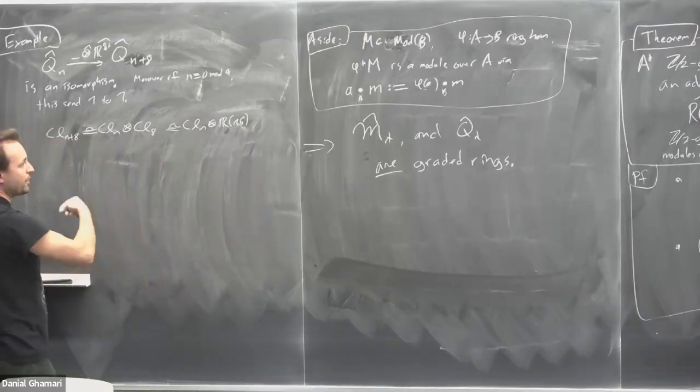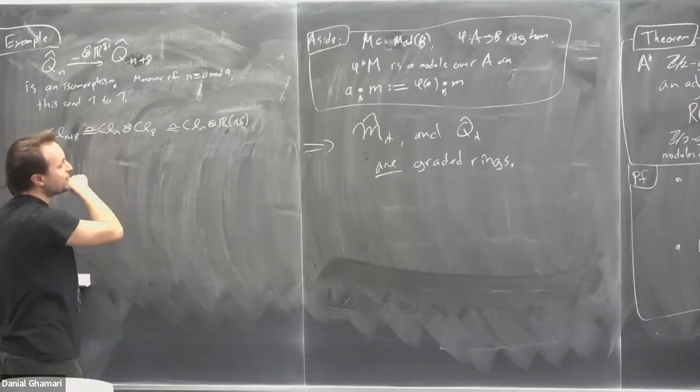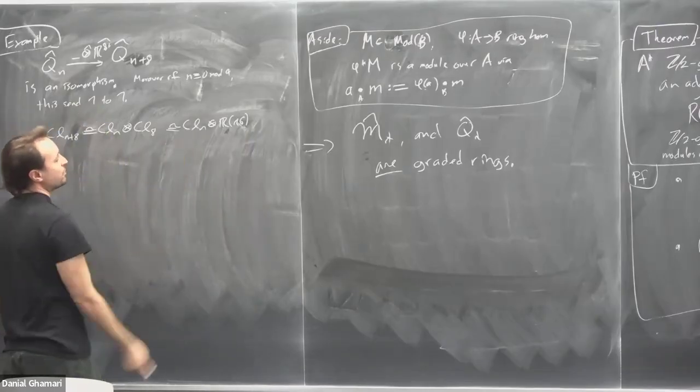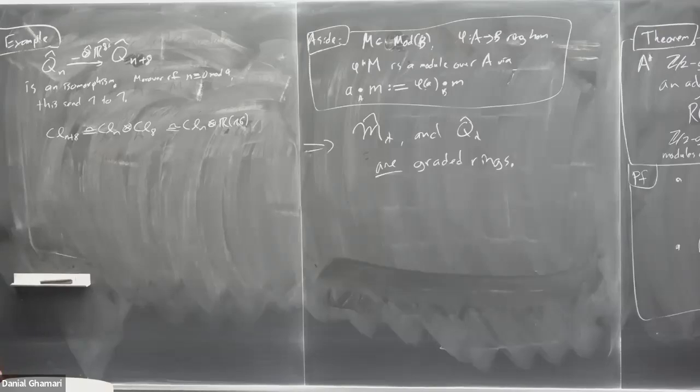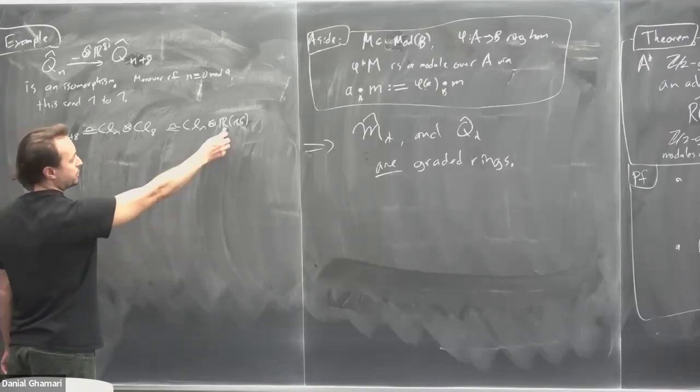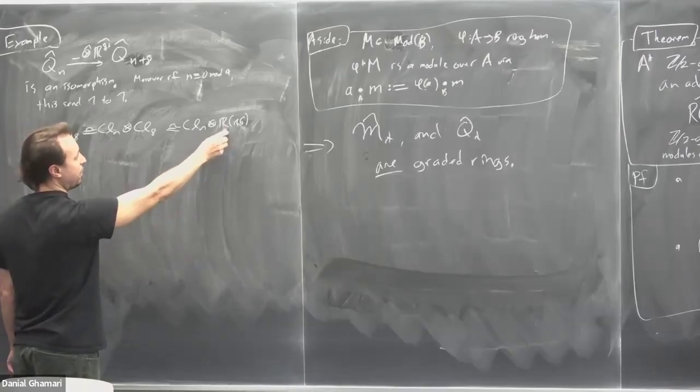So in the case where your Q_n is Z mod 2, you get an isomorphism automatically. But in the case where your Q_n is Z, you need to think about whether the positive module maps to the positive module or not, the omega positive module.